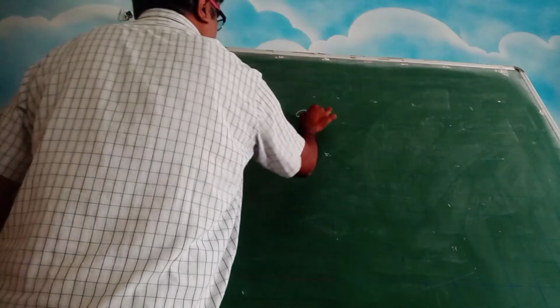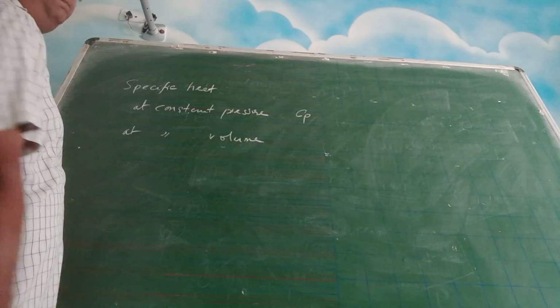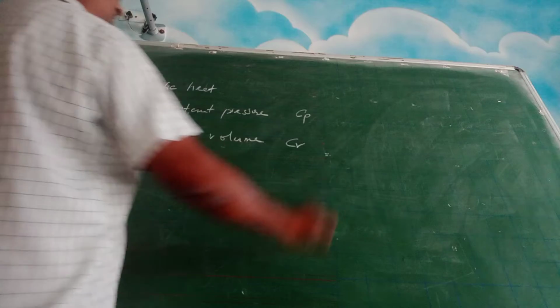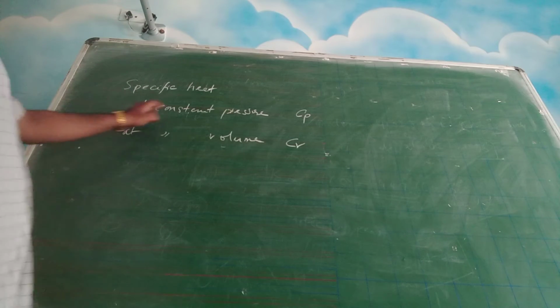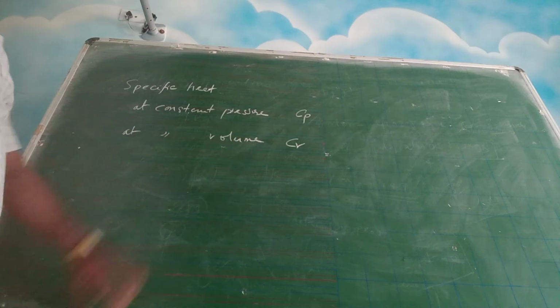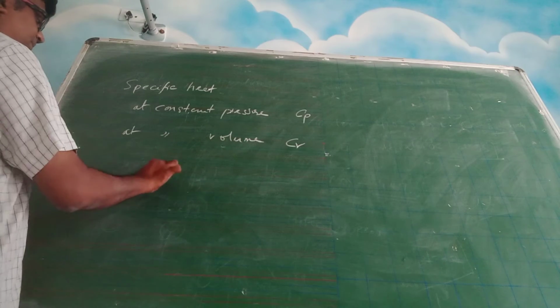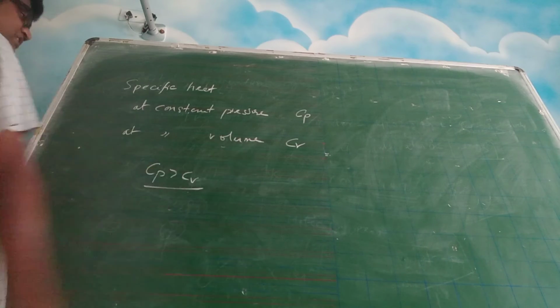So we show this with a symbol Cp and Cv. Specific heat, it is there in the name itself, at constant pressure and at constant volume. Usually Cp value is more than Cv.